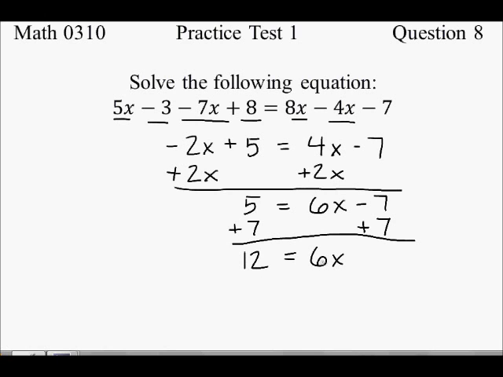We just want x instead of 6x, so we need to do the opposite of times 6, which is divide by 6. And so on this side we're just left with the x. We have 1x left. And 12 divided by 6 goes nice and evenly as 2 there. And so we have x equals 2, and that is answer choice B.